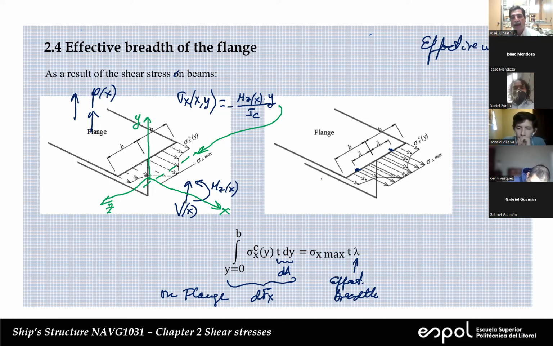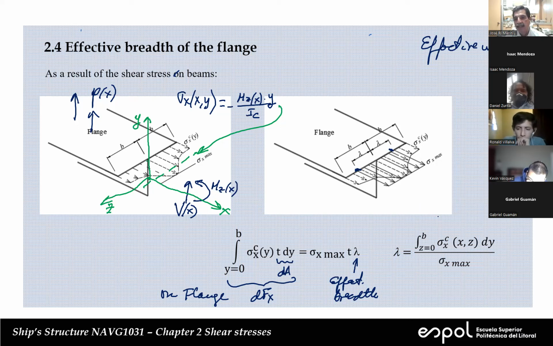Now, usually the thickness of the flange is constant, so we can cancel it from each side of this equation, and this is the expression that we use in order to calculate lambda, okay? Now, some people wonder why we need to do this. You will see that in a minute.